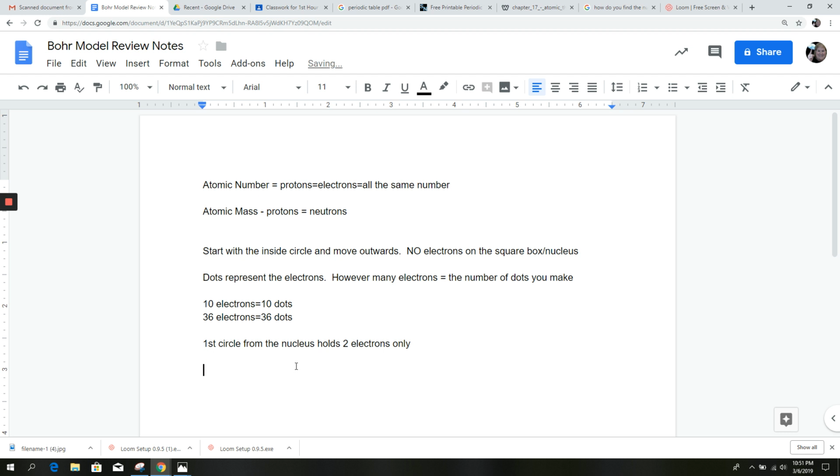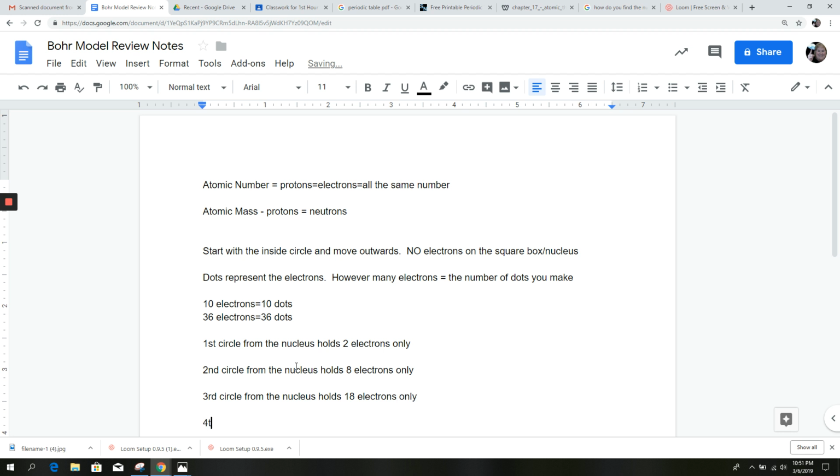The second circle from the nucleus holds 8 electrons only. The third circle from the nucleus holds 18 electrons only.